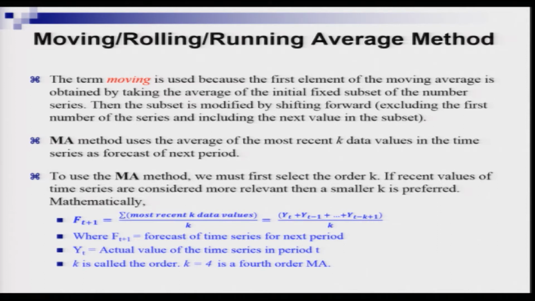So, what do we do there? We actually exclude the first number of the series and then include the next value in the main data set in that subset of k observations, and then again we compute the average. So, a new average value is obtained, and this is the way the average number is constantly moving over time.